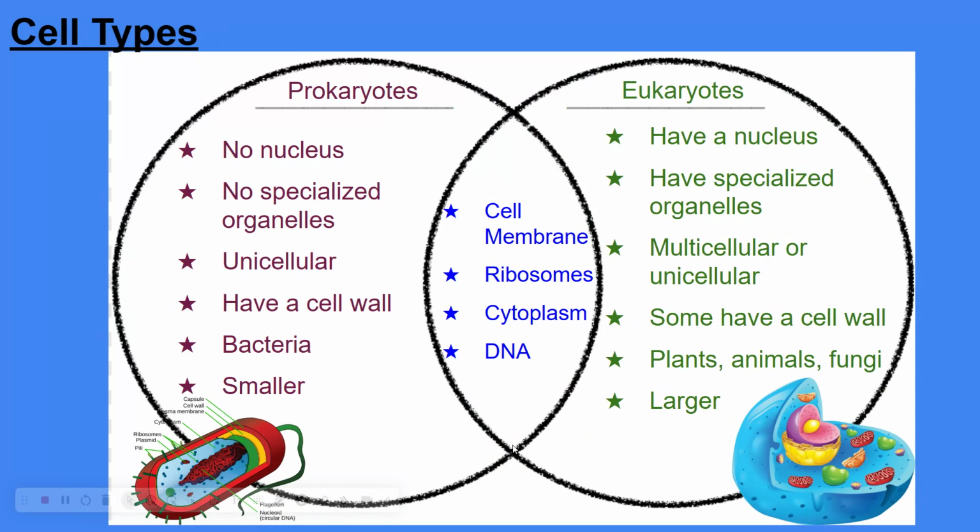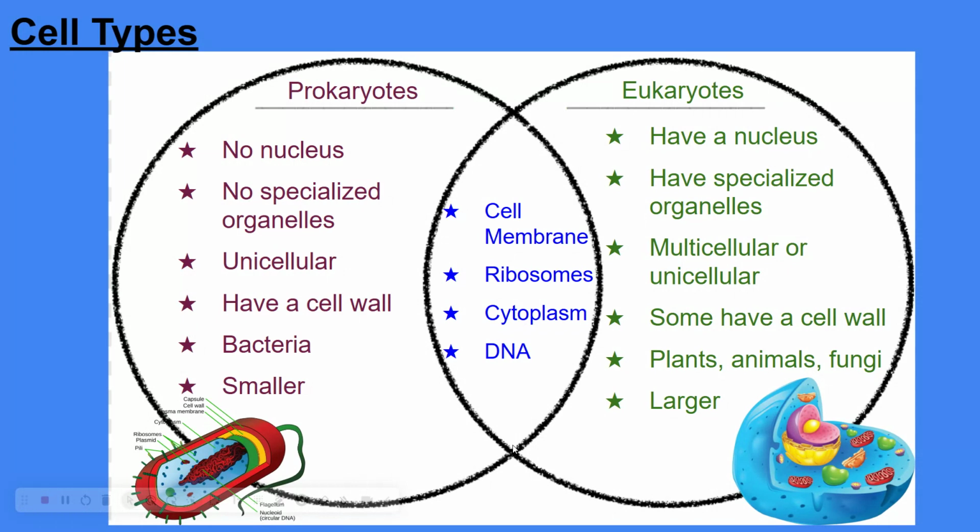Some eukaryotes do have a cell wall. Plants, for example, have cell walls, but animals and humans do not have cell walls. Eukaryotes includes plants, animals, fungi, and something else called protists. And eukaryotic cells are generally larger, especially larger than bacterial cells.